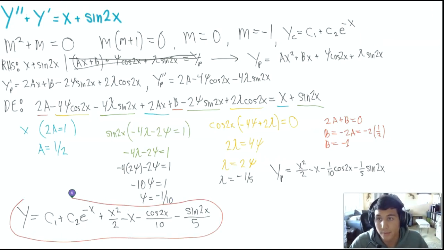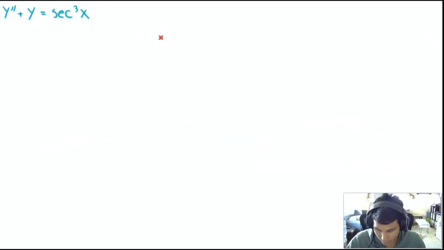There we go. Okay, now we're going to have a situation where we can't use the method of undetermined coefficients because we have a secant, right? This is 1 over cosine cubed, so we can't use method of undetermined coefficients. So we need to use variation of parameters. And before I even do that, I'm going to write out the steps to variation of parameters.